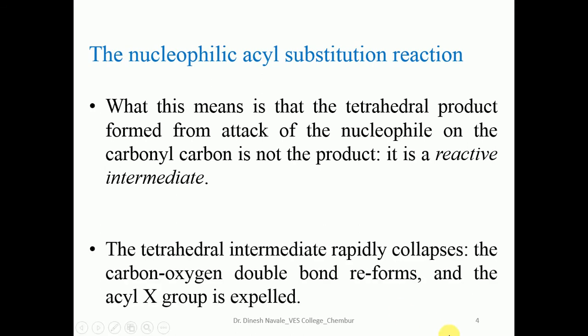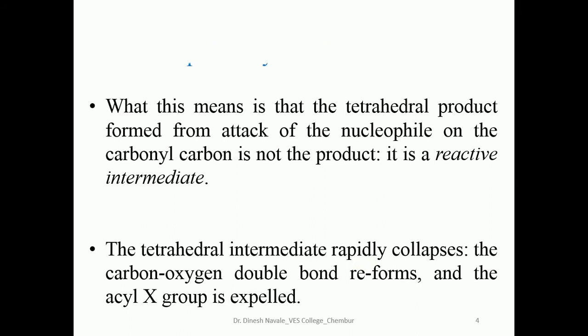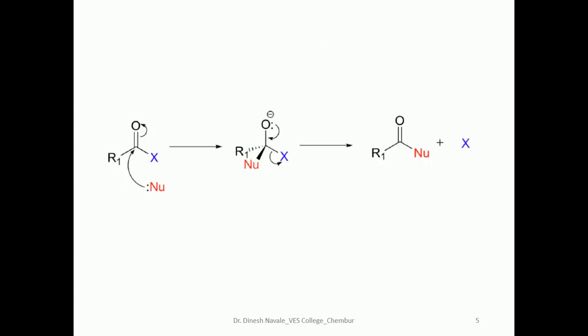The tetrahedral intermediate rapidly collapses. That means it is very short lived, with a short half-life, and it is converted into the product very rapidly. This is one of the best examples of the acyl nucleophilic substitution reaction.